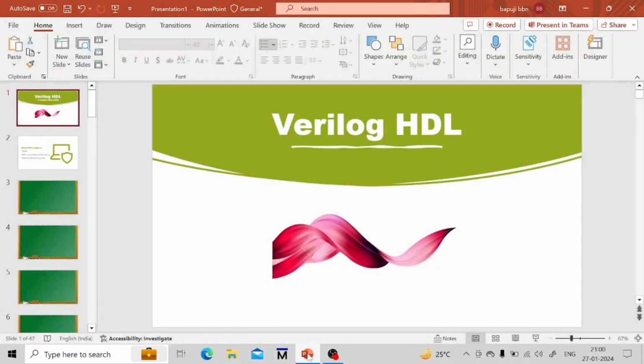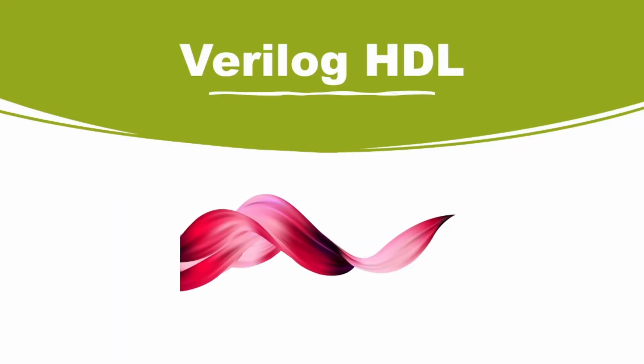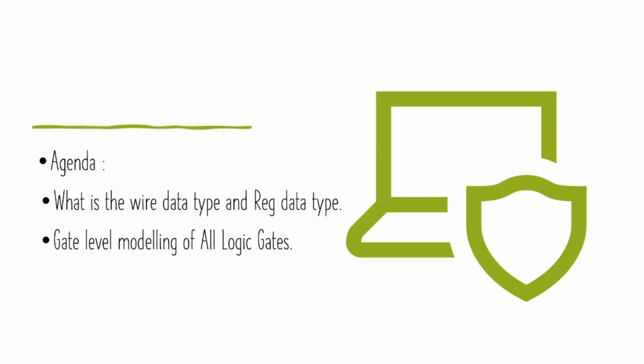In our last video, we discussed what Verilog HDL is and the different modeling styles of Verilog HDL. So today in this video, we are going to discuss what the wire and register data types are.